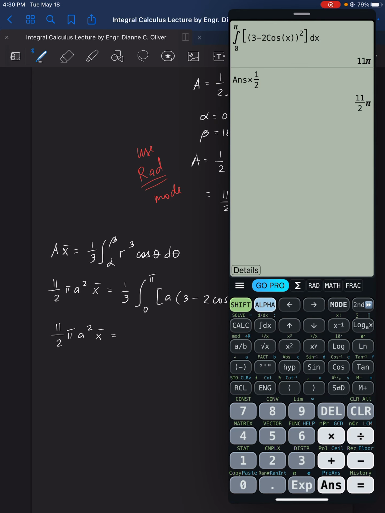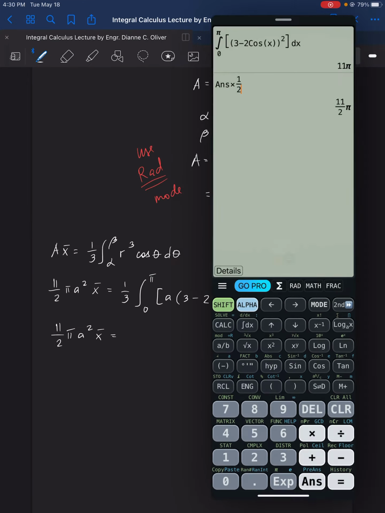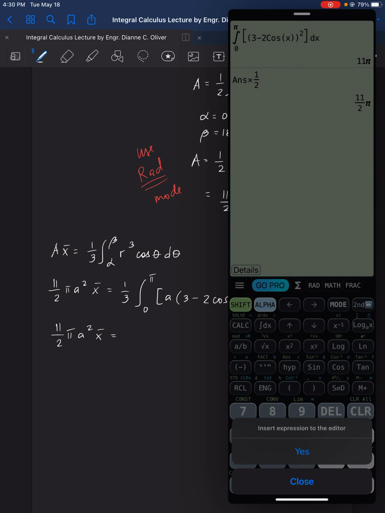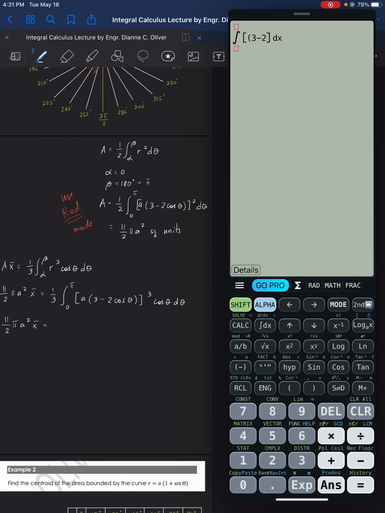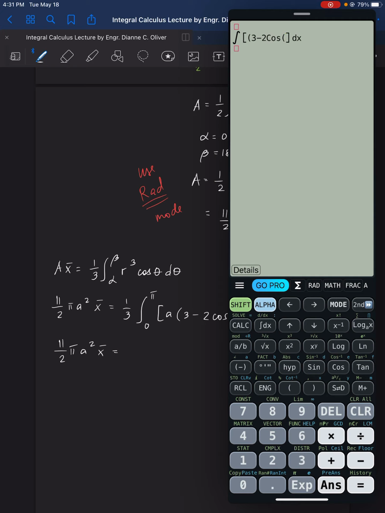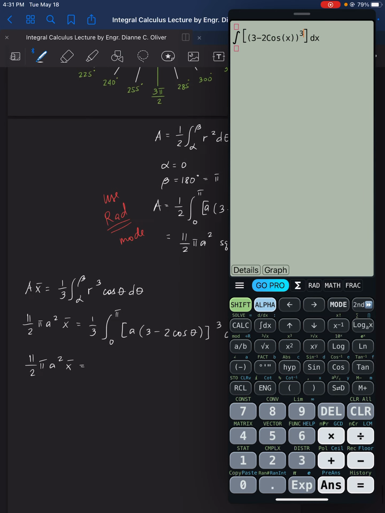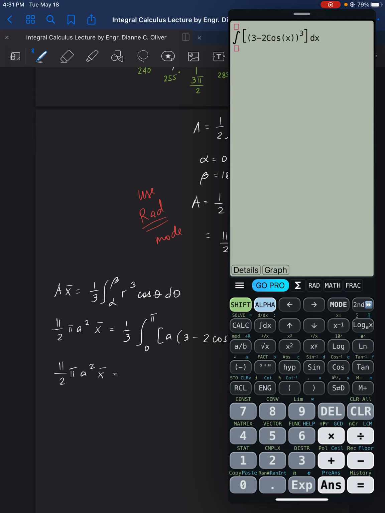So 11 over 2 pi a squared times x bar is equal to 1/3 integral of (3 minus 2 cosine x) raised to 3, times cosine x, from 0 to pi, which equals negative 30 pi.